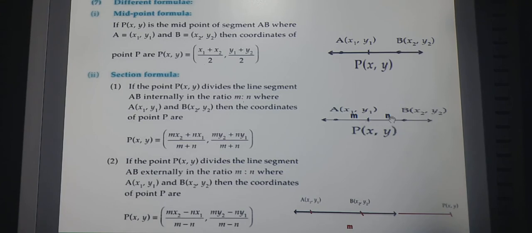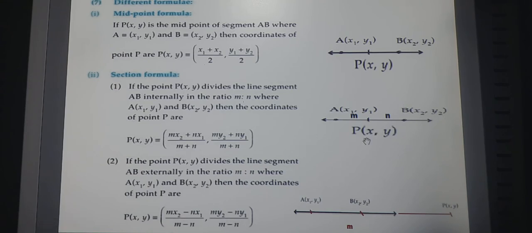If the ratio is m is to n, we write m into x2 plus n into x1 upon m plus n. So we write here (m x2 plus n x1) upon (m plus n). When we write the y coordinate, y equals (m into y2 plus n into y1) upon (m plus n). This is section formula for internal division.